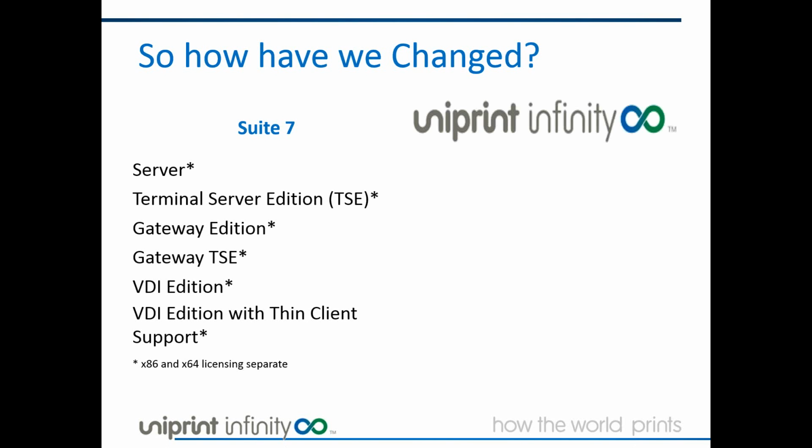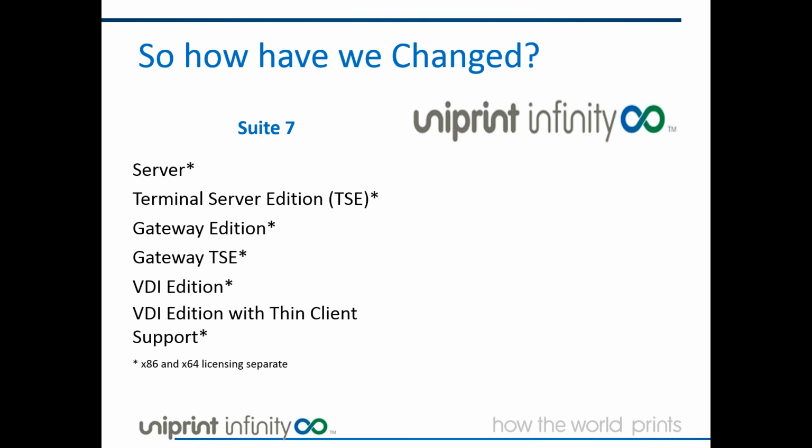The interesting thing is there were so many iterations in the ways that you can license it. It actually became unwieldy from an end user perspective. It actually became difficult from a UniPrint point of view as well.